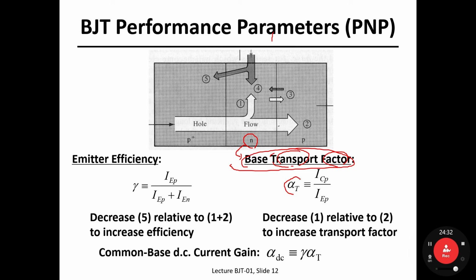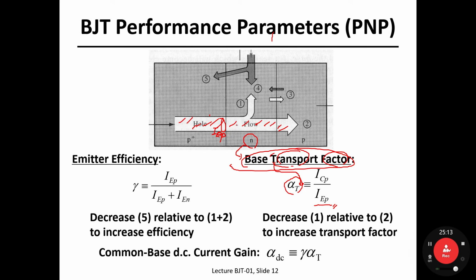So here in alpha sub t, t from the word transport, if you take a look at the definition of it, it is I sub Cp divided by I sub Ep. So I sub Ep is the emitter current induced by hole, and I sub Cp indicates collector current induced by hole. And take a look at this white colored arrow. This part is denoted I sub EP, emitter current by hole.